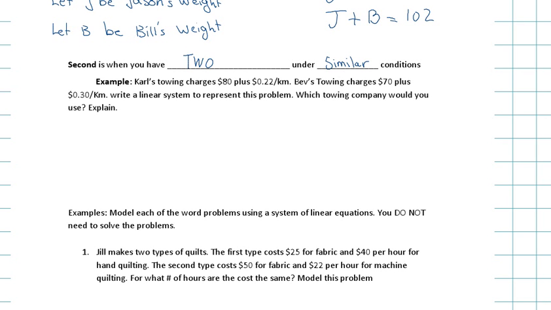Okay, so let's read this. Carl's Towing charges $80 plus $0.22 per kilometer. Bev's Towing charges $70 plus $0.3 per kilometer. Write a linear system to represent this problem. So what am I comparing?